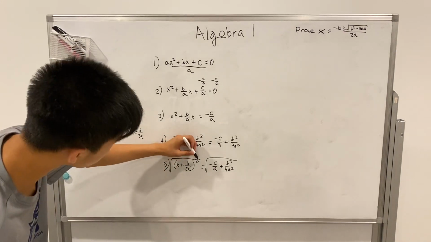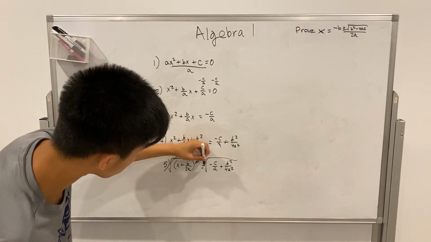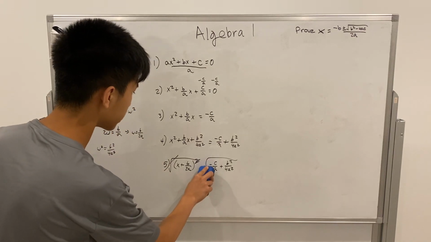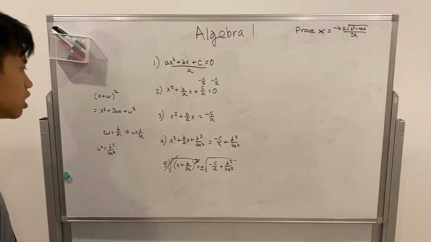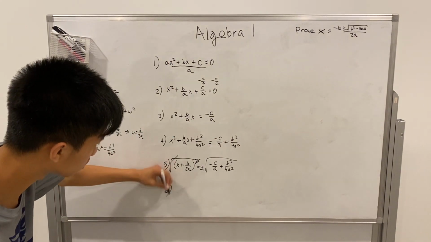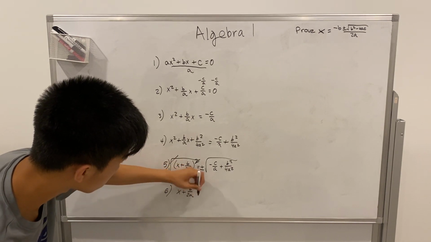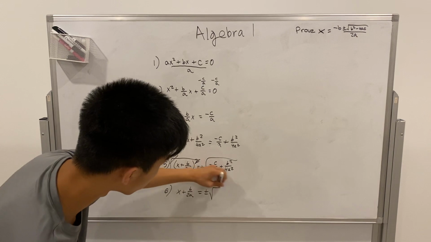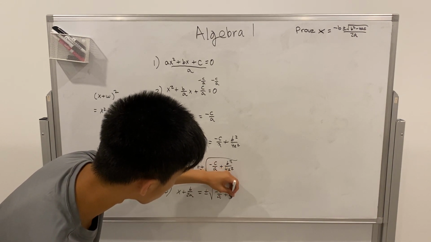And here we can cancel the square with the square root, but we can't exactly do that with the right side because the right side does not have a square to cancel out. So you have to add a plus or minus. Another rule of Algebra 1, by the way, which you should remember. So in step 6, we have x plus b over 2a equals plus or minus square root of negative c over a plus b squared over 4a squared.